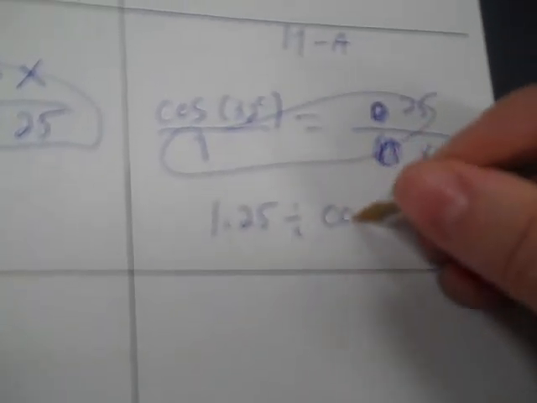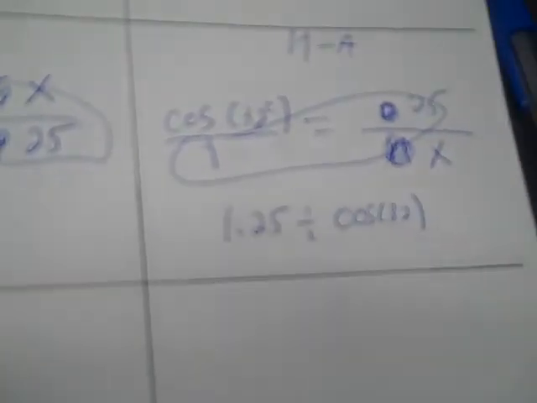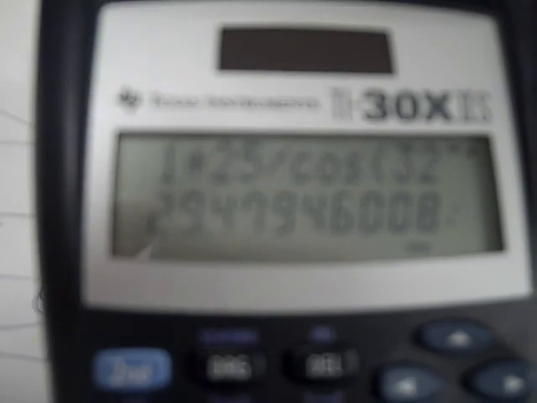So, 1.25, and then we divide by cos 32. 29.4. Again, your H always has to be the longest. Okay, so I've got 90, 32, 180 minus 90 minus 32 is 58.